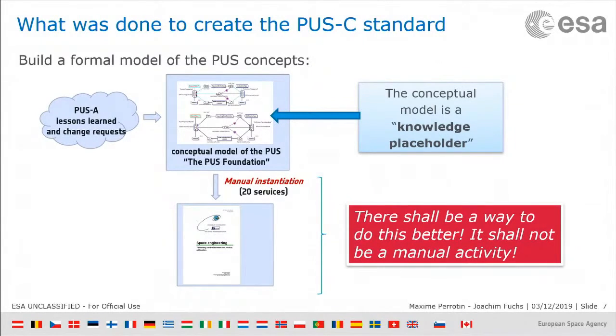So we have been using this knowledge placeholder, this foundation model, to verify this, but there was still quite an effort in producing that overall standard. So what we needed is really to come up with some tooling to support that process, and not only for the standard, but also for the missions.